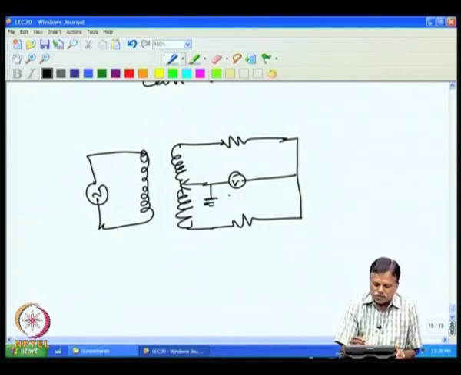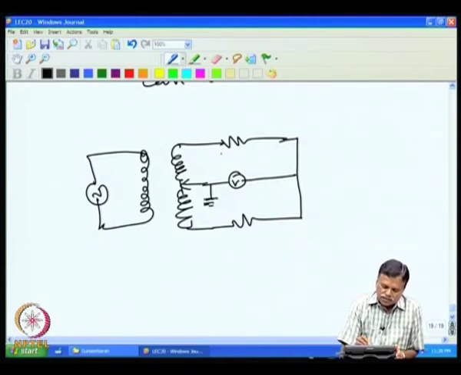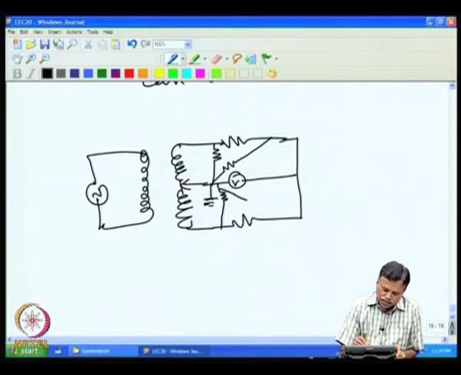It is possible that you will have a leakage resistance from this point to ground. Similarly, there will be a leakage from this point to ground. Similarly, there will be a leakage from here to this point and a leakage from here to here.